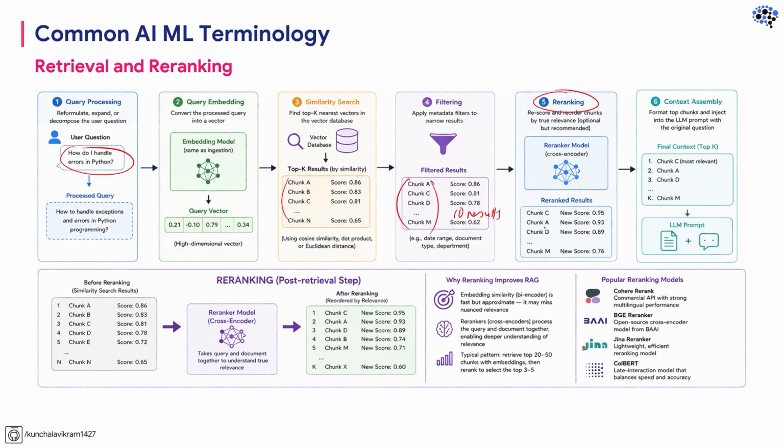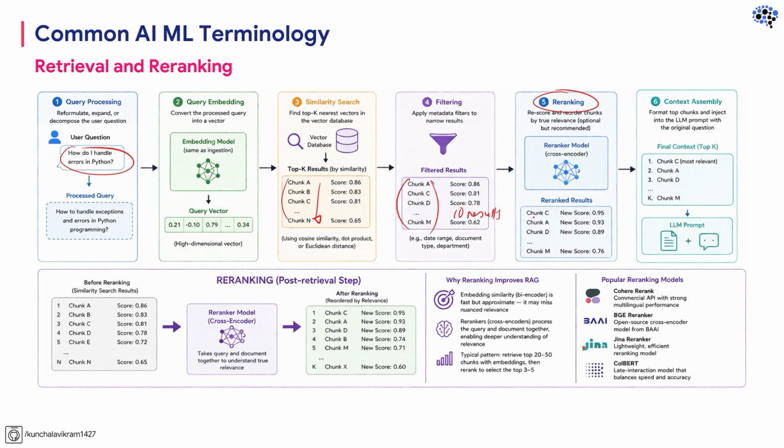In this case it has re-ranked from A, C, D, M. These are the chunks. Basically from A to N are my original chunks. Using some metadata filtering, I filtered only A, C, D, M, let's say.